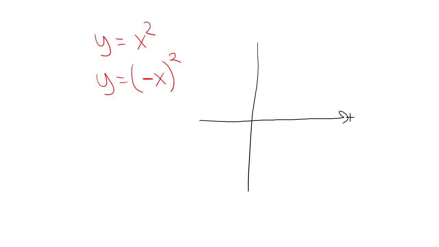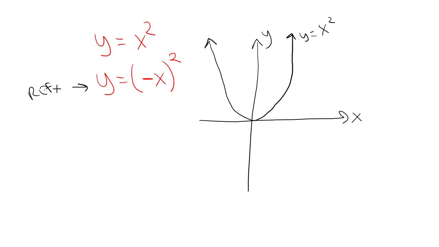So let's just take a quick look at the functions y equals x squared and reflected over the y-axis, which was y equals negative x, that quantity squared. So as a reminder, here's our x, here's our y, here's a beautiful quadratic, y equals x squared. Look at that. So symmetrical. And this right here, we said this was a reflection over the y-axis.